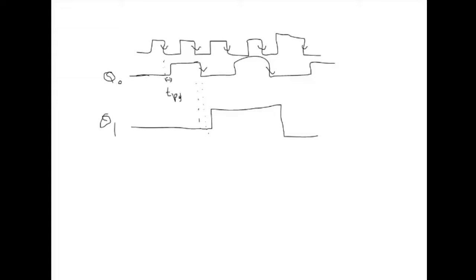So now this is the TPD of your first stage, propagation delay of first stage, and this is the propagation delay for the previous stage, 0 stage. And since I am considering all the stages identical, in this case, if TPD is the time taken by flip-flop to compute the output, the propagation delay of my 0 stage, for Q1 it has to be twice TPD because both are equal.